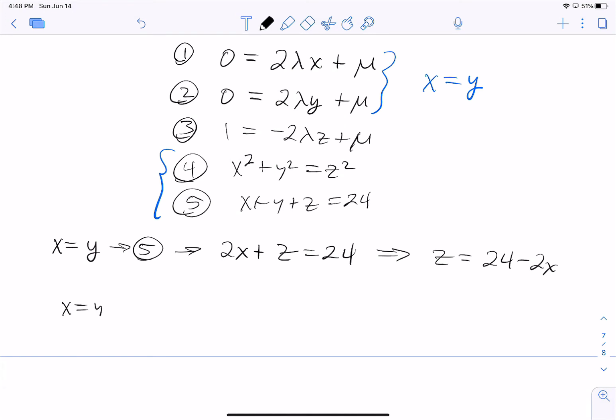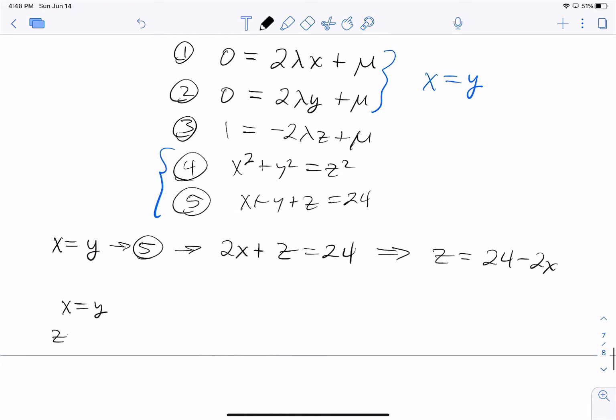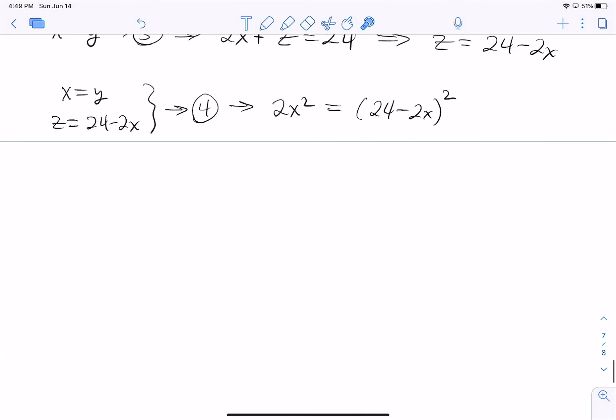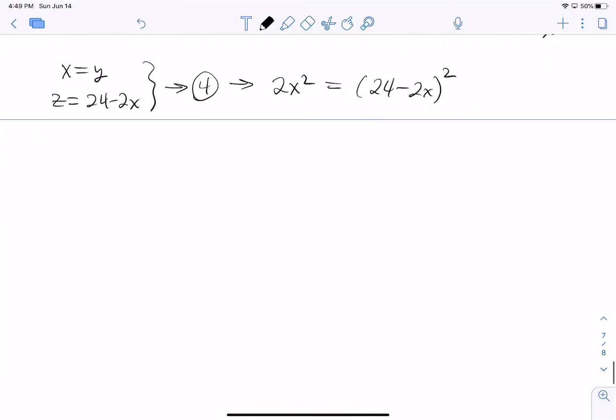If I then put x equals y and z equals 24 minus 2x, both of them, into equation 4, then we get 2x squared is equal to the quantity 24 minus 2x squared. In this last equation, we can FOIL and end up with pretty big numbers in a kind of terrible quadratic equation, or just square root both sides.